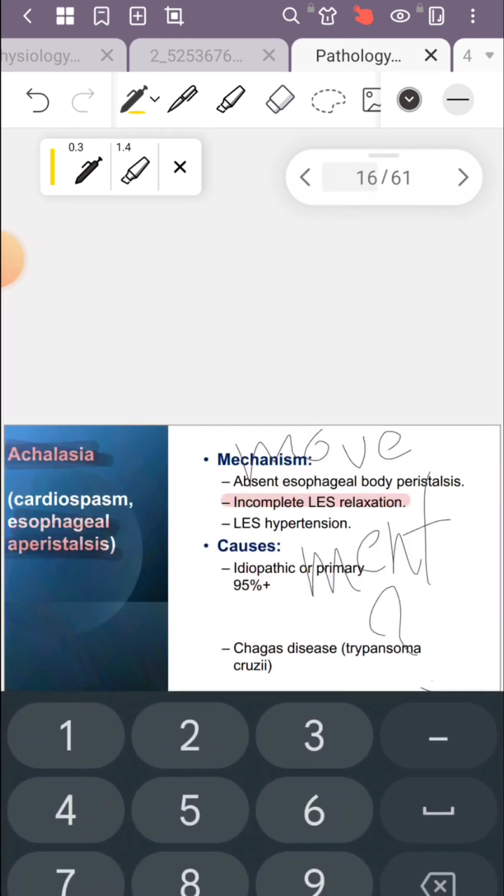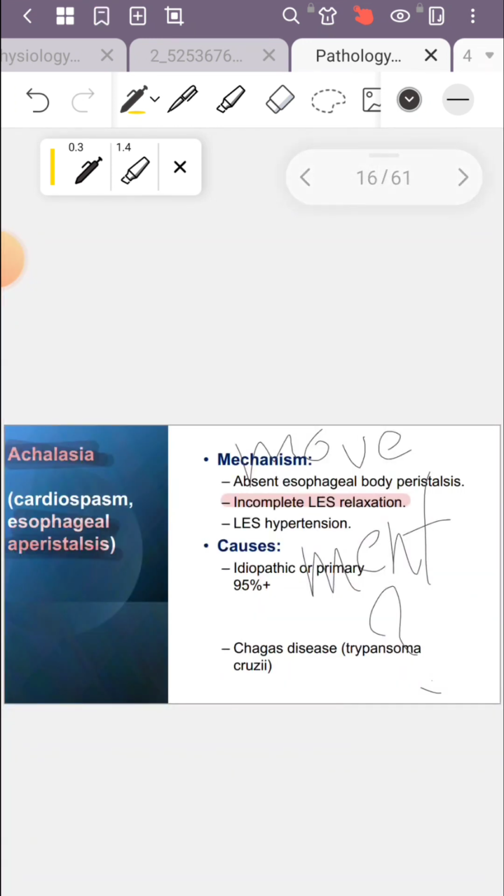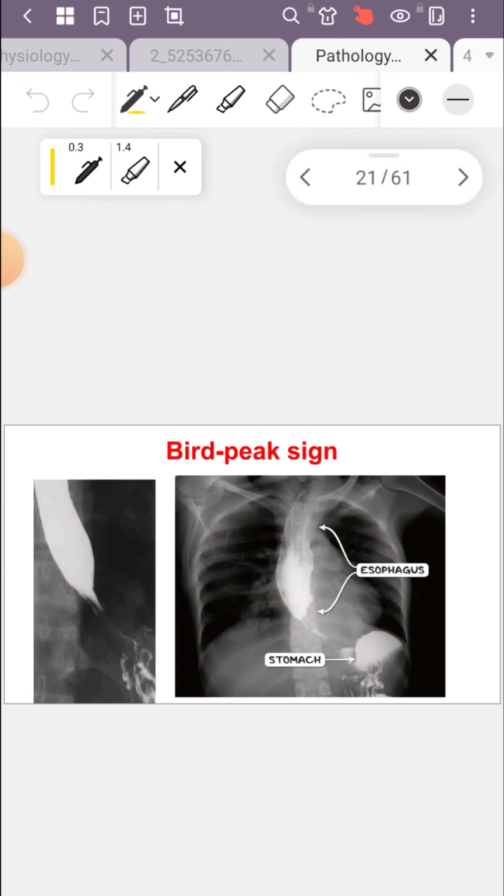Again, achalasia means absent peristalsis or impaired relaxation. There is permanent constriction of the lower esophageal sphincter. So this is the pathology, guys.